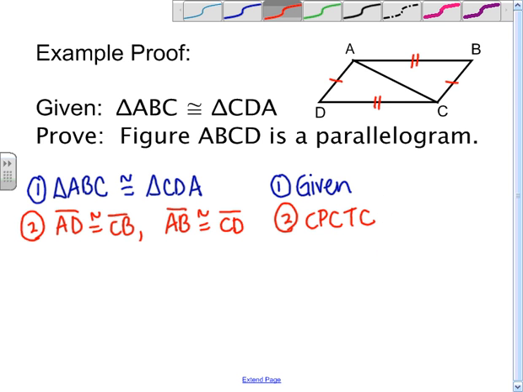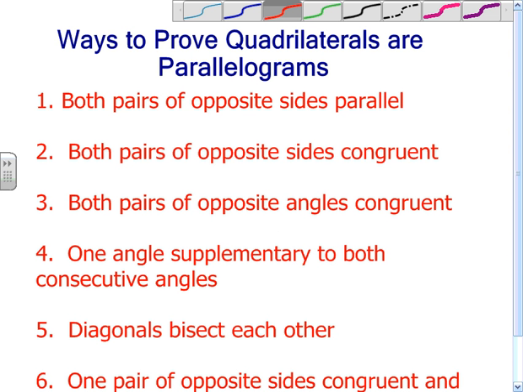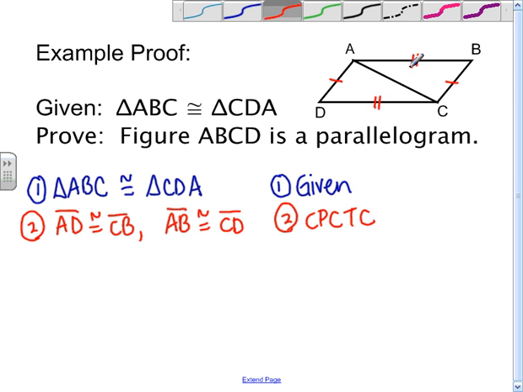Now let's look back and see which of the ways we have used to prove that the quadrilateral is a parallelogram. I think we're going with number 2: both pairs of opposite sides are congruent. We've shown that these 2 opposite sides are congruent and these 2 are congruent.